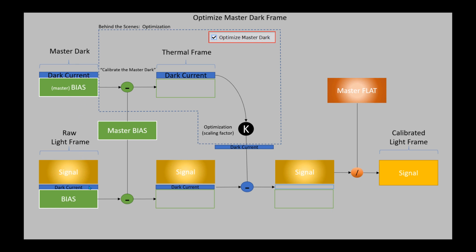In fact, it used to be that it wasn't really called optimization, it was just called scaling a dark, because the naive way of doing this is just to look at the actual exposure time in the FITS header.